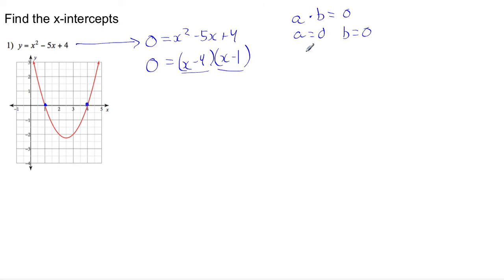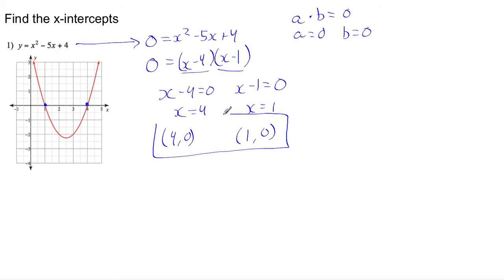So if I have 1,000,000 times 0, the product is 0. So what I actually do is I set these two factors equal to 0. And here we can see I get x equals 4 and x equals 1 by solving. And that's what the graph shows me. So the 2 points are 4, 0 and 1, 0.